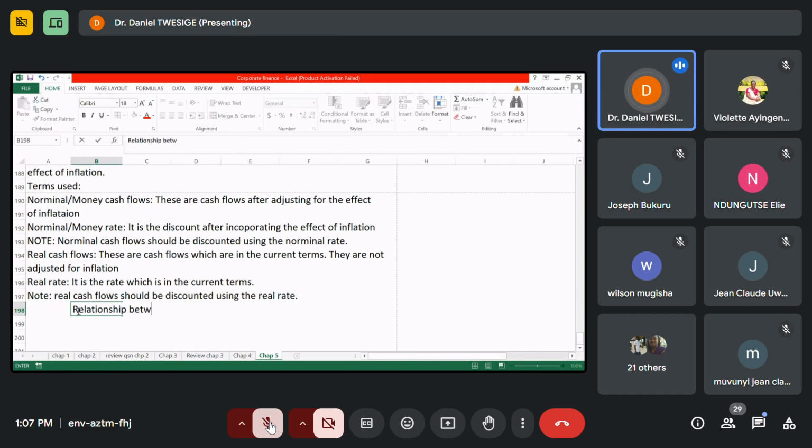Relationship between the nominal rate, the real rate, and the inflation rate.